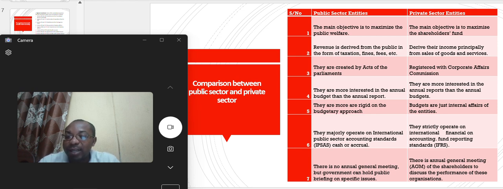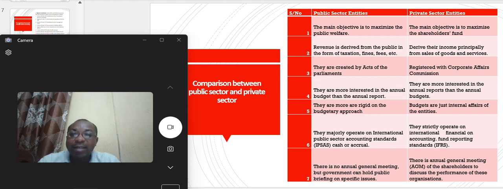When we were discussing the regulatory framework of public sector accounting, we mentioned a lot of acts, a lot of laws there: Fiscal Responsibility Act, EFCC Act, ICPC Act, Public Procurement Act, and so on and so forth. All those things are enactments of the National Assembly. We call them Acts of Parliament. So all public sector entities were established by the Act of Parliament.